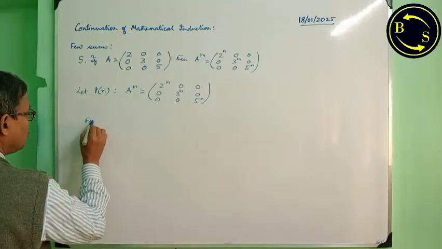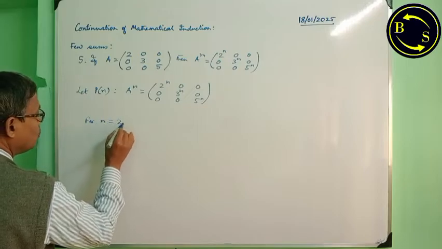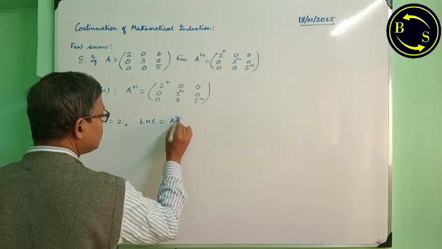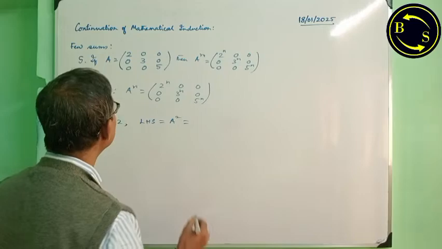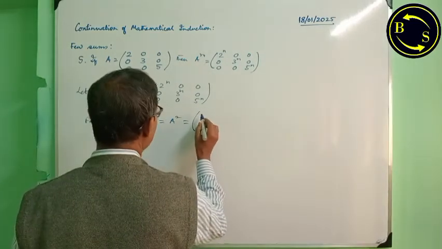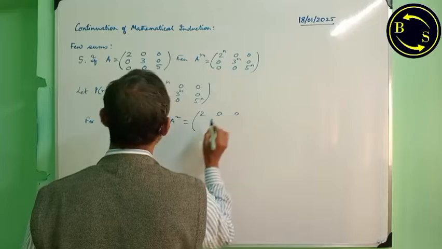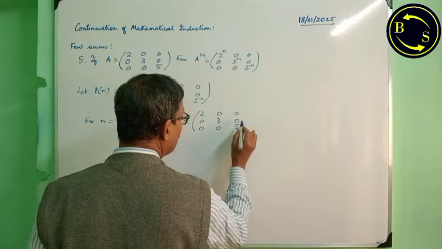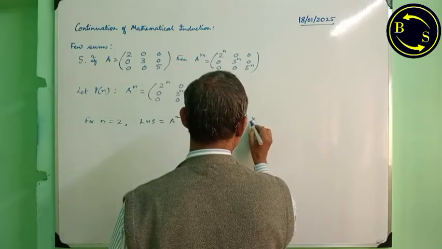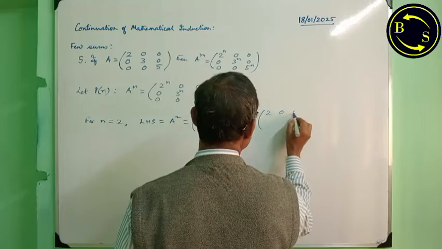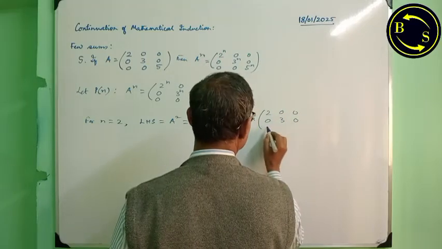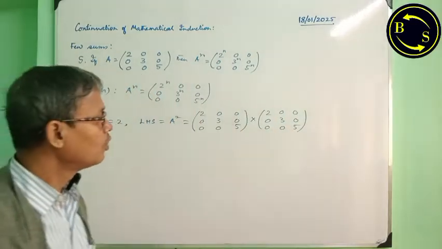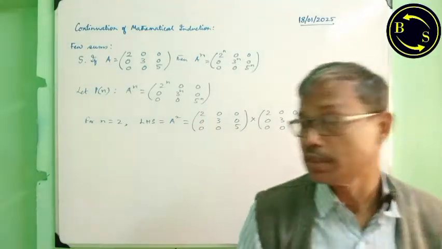For n equal to 2, LHS is A square. That means product of two A's. I take the product for the product of two matrices.